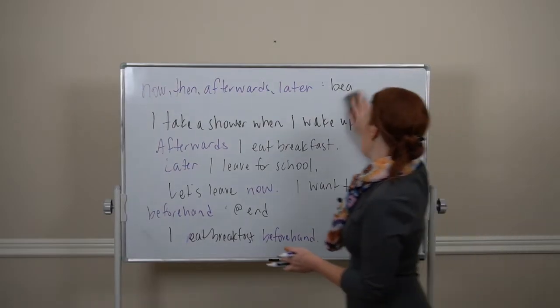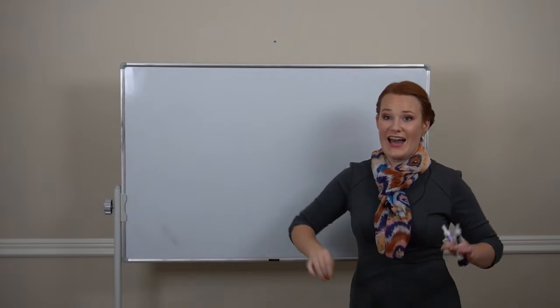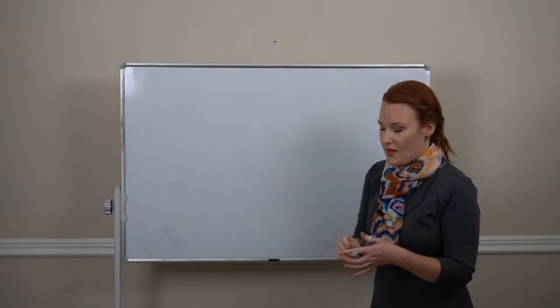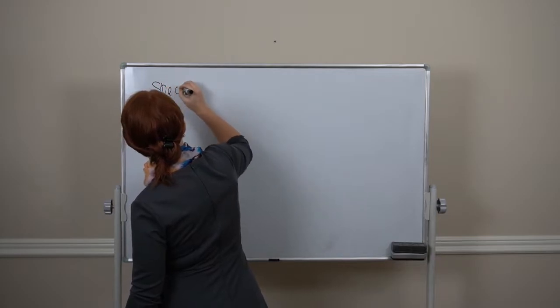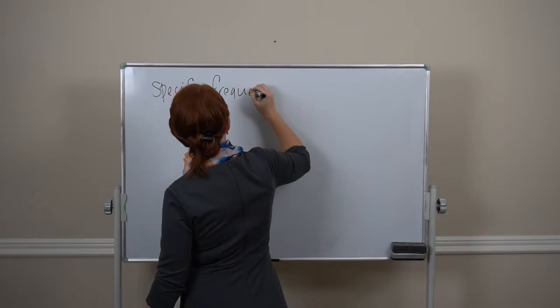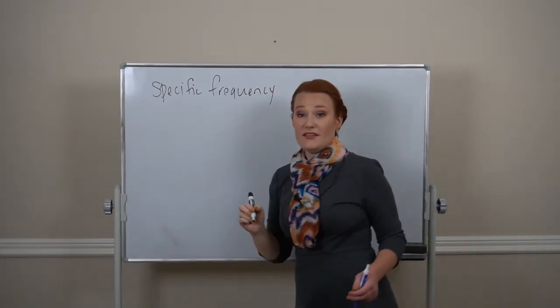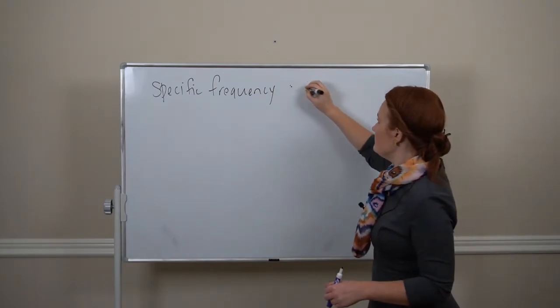Okay, next category. When you are saying exactly how often something happens, when you have a specific frequency, all right, these are going to go at the end of the sentence.